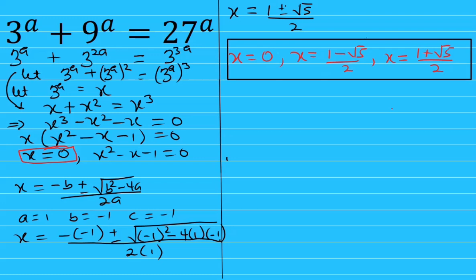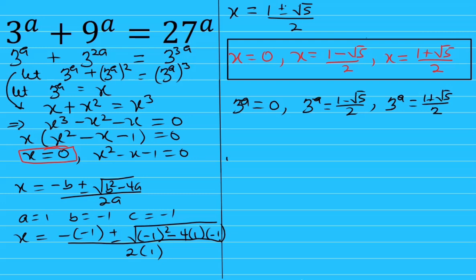Already we've said that x is equal to 3^a. So in effect, we can say that 3^a equals 0, 3^a equals 1 minus root 5 over 2, and also 3^a equals 1 plus root 5 over 2.